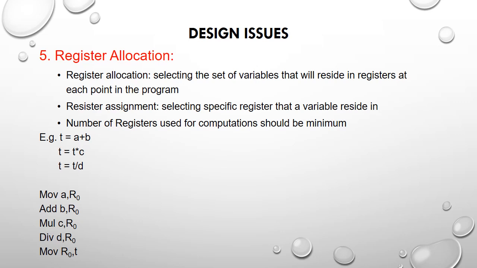So divide d R0, whatever is the content of R0 register, you have to divide that by d, and finally you have to store the answer at the t location. So moving the content of R0 register to t. Here we have used only one register, so we have represented our program segment in one register only.